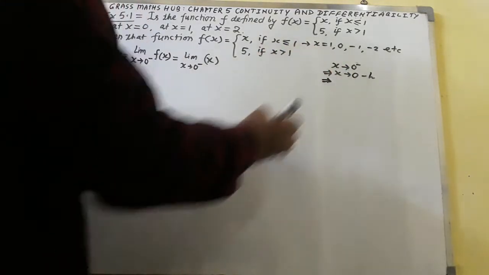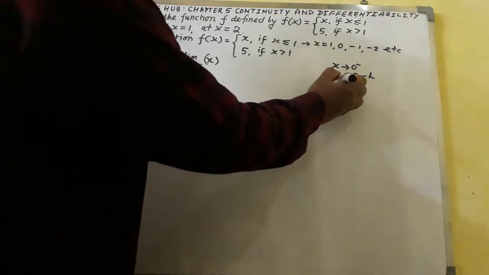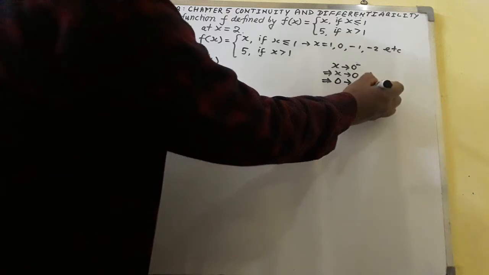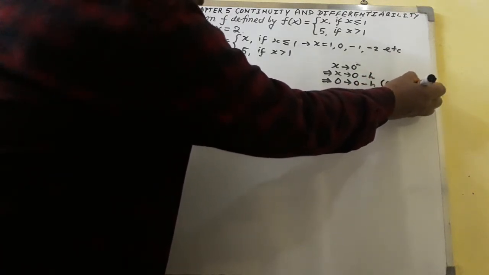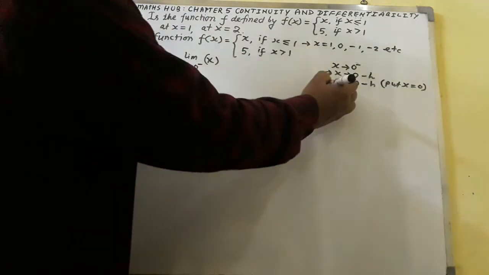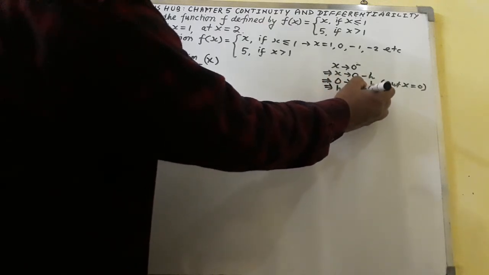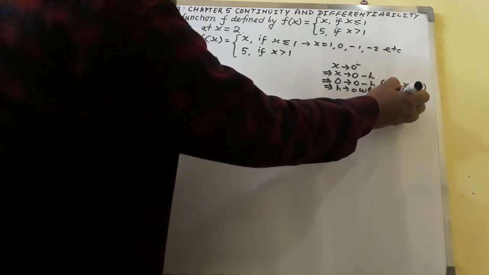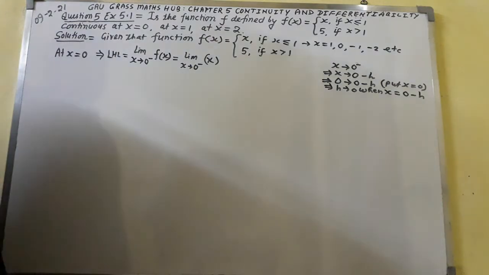And here you can see x equal to 0. To put the value of x equal to 0 here, you will get h tends to 0 when x equal to 0 minus h.